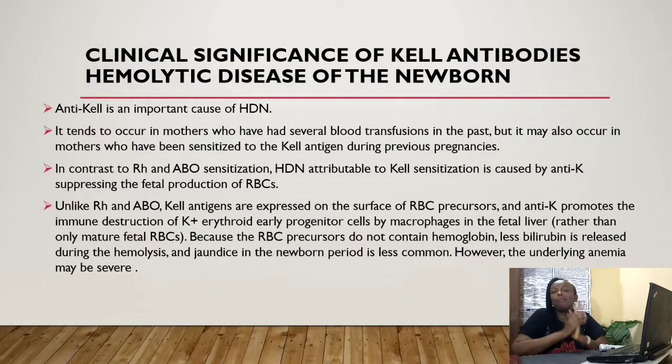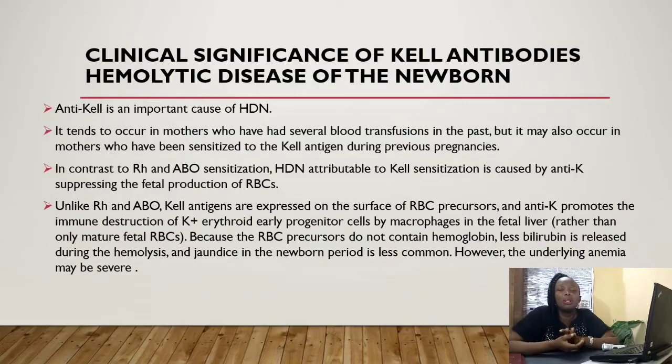So what happens is that these antibodies, when produced, go into the baby's circulation and destroy the red cell precursors, and in doing so, they suppress erythropoiesis. They suppress erythropoietic activity, number one.